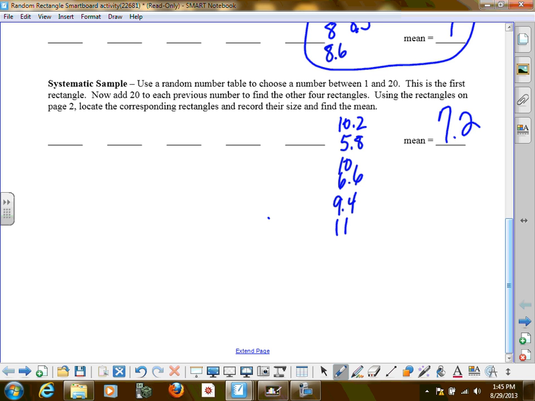And then Allie, 8.4. They're not like 1 or 2.6 and 10, but we're still having some variability here. Maybe a little better.